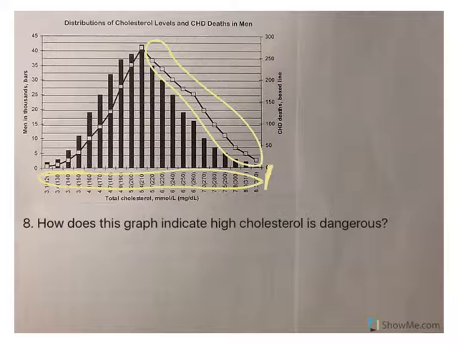Over here, you see that the deaths boxes are kind of in the middle of the graph where you get to a higher cholesterol. The average cholesterol is what, 206? So average is here. When you get above average, the number of deaths exceeds, right? That box line exceeds the bar. And so that's kind of what shows you that high cholesterol is dangerous.